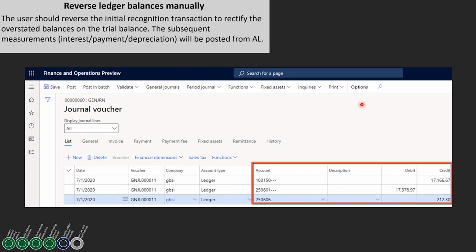Here we will need to reverse the transaction posted from asset leasing manually, in other words, away from the asset leasing module. The reason is to keep the balances of the asset leasing correct, because if we reverse the transactions from the asset leasing module, it will not find any balances to report.